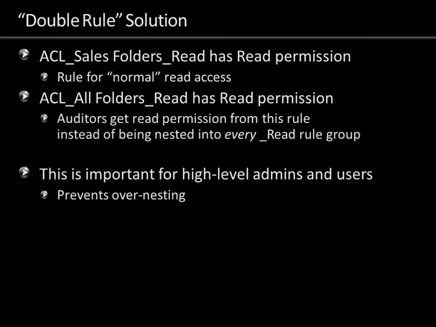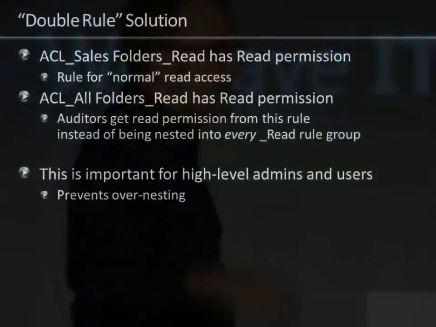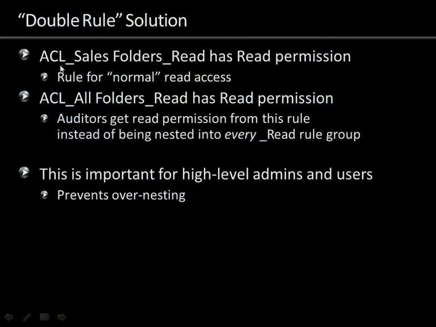If you start ending up in a lot of groups, and this usually happens for us as administrators, we're way high up in the chain, we're nested into a lot of groups. If you end up in a lot of groups, the alternative is, instead of nesting the high groups into the medium and lower groups, take the high groups to the side and set up a second rule. And the idea here is, instead of nesting yourself into the group that has access to the sales folders, put yourself in a group that has access to all folders.